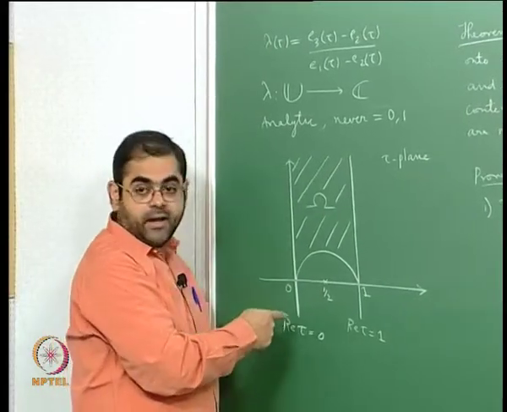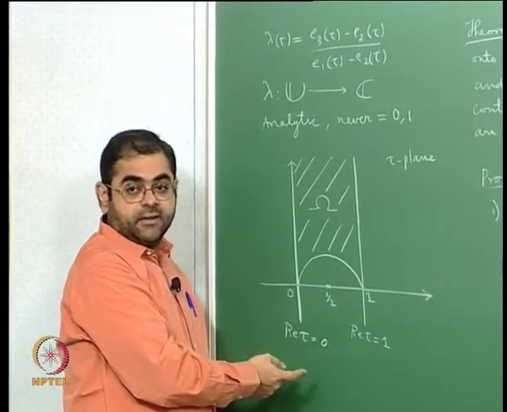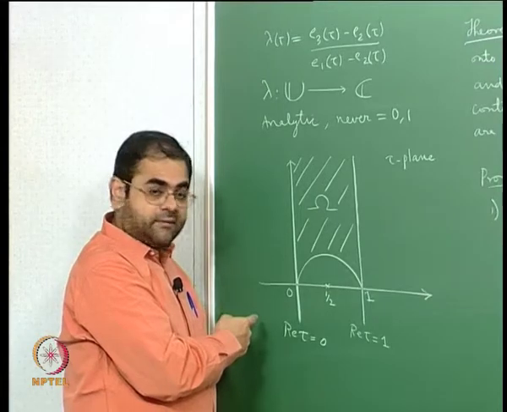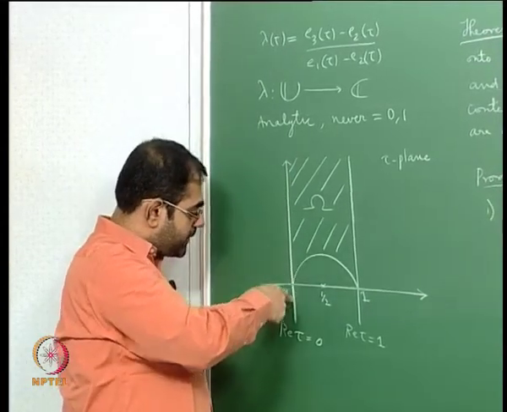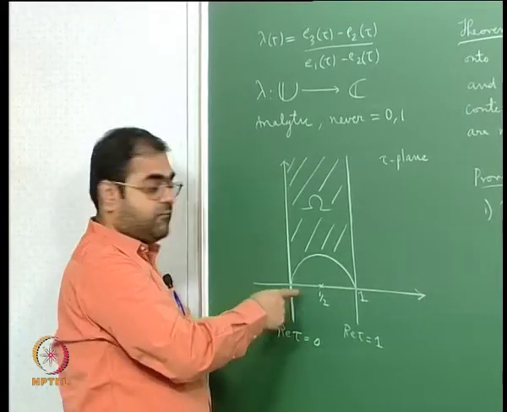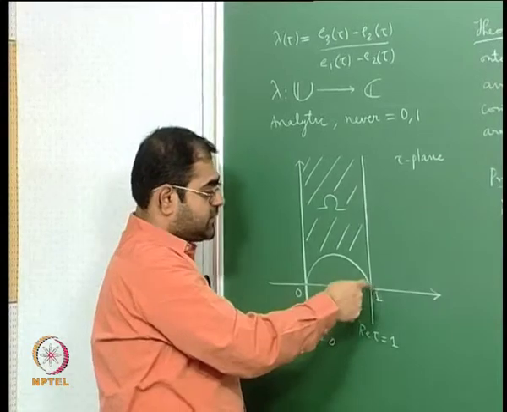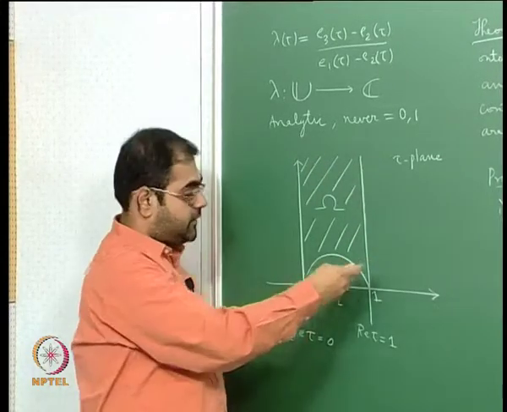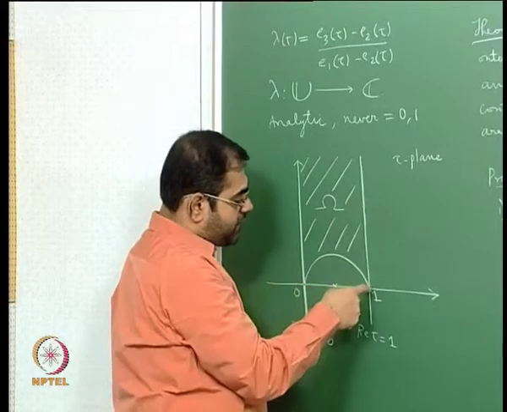You know lambda of tau plus 1 is related by a functional equation to lambda of tau, and therefore the fact that lambda of tau is real on this line will tell you that lambda of tau is also real on this half line.